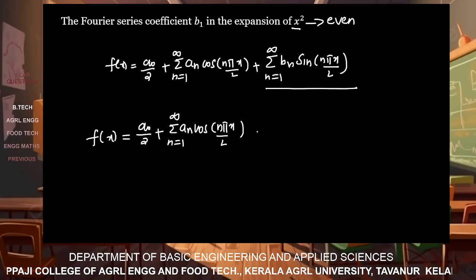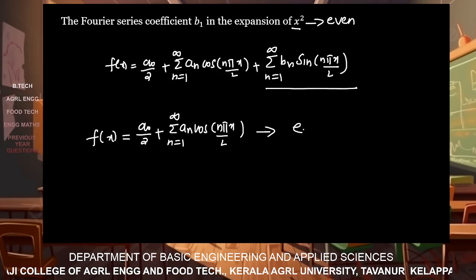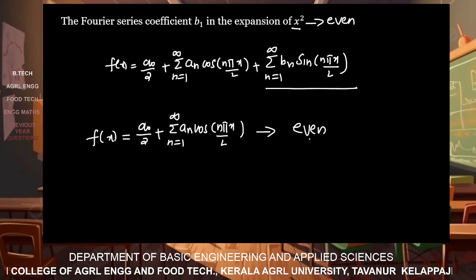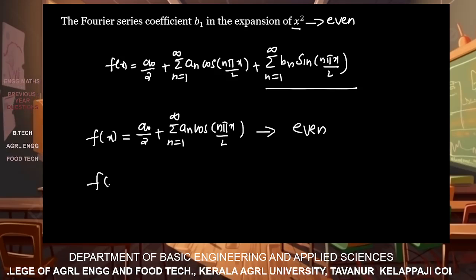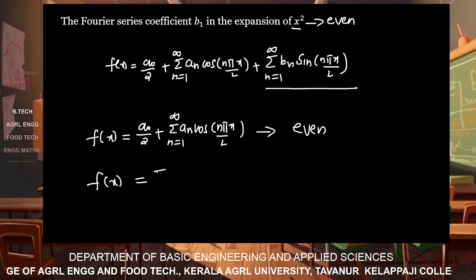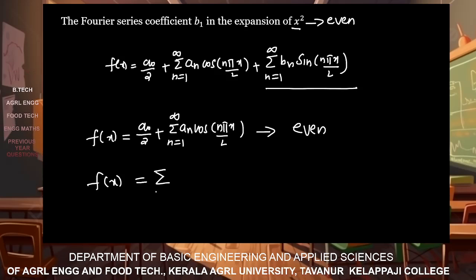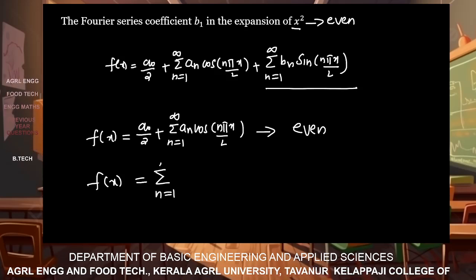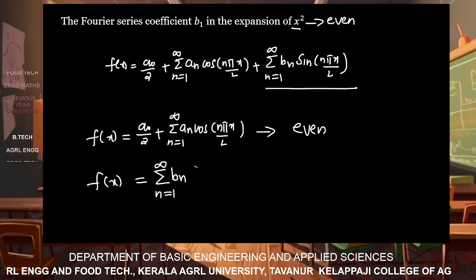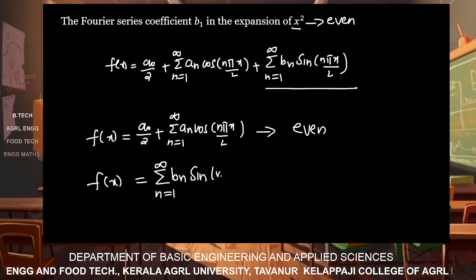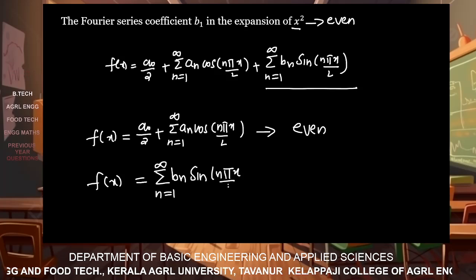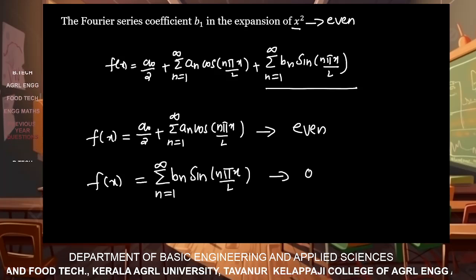This is for what type of function? For an even function. On the other hand, if it is an odd function, f of x should be a sine series that contains only sine terms, bn sin n pi x by L. This is for an odd function.